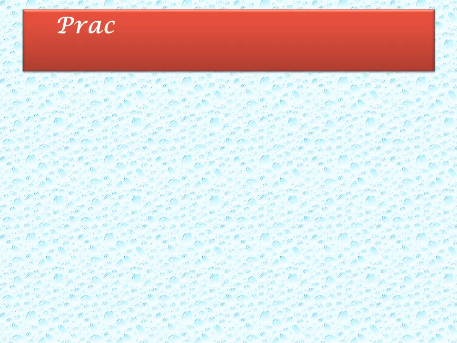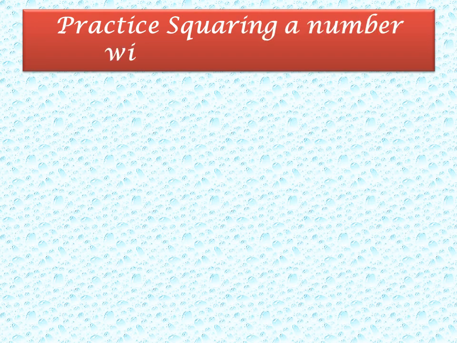Friends, let us practice this trick to find the square of a number with 5 in its units place. I have given 5 squares below and you have to use the trick which we have studied before to solve within 3 seconds.